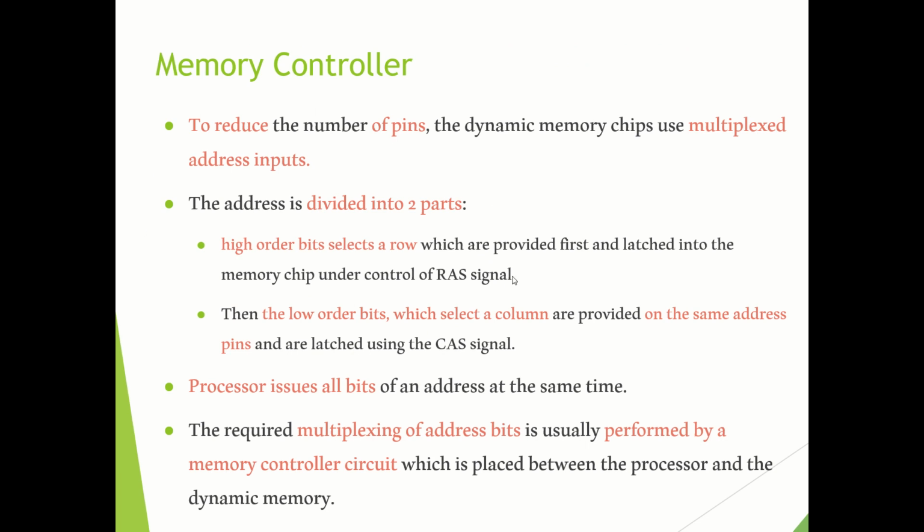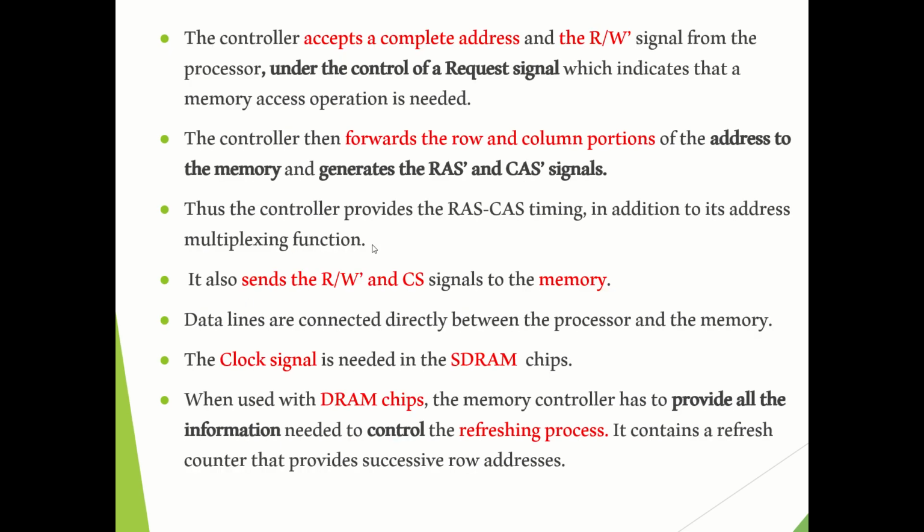And we studied about the memory controller. In order to reduce the number of pins, the multiplexing of the address input is carried out by a controller or circuitry called the memory controller, which is placed between the processor and the main memory. The processor will send all the address bits to this memory controller, but the multiplexing will be done by the memory controller.